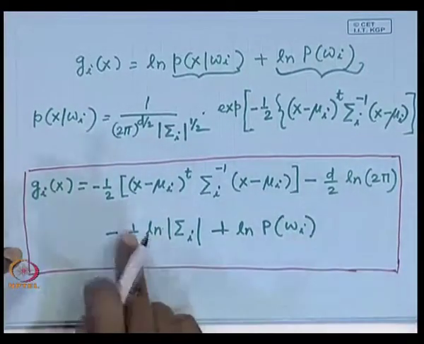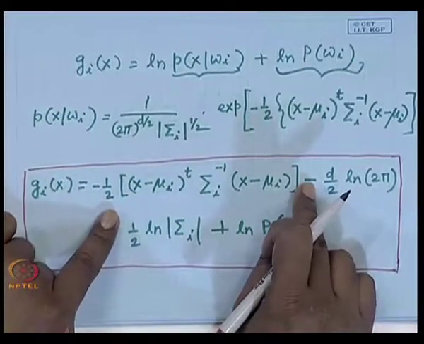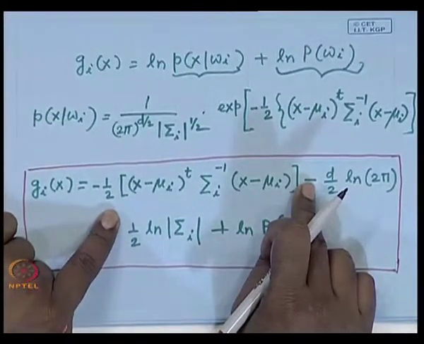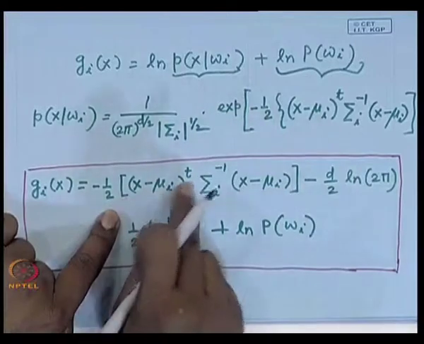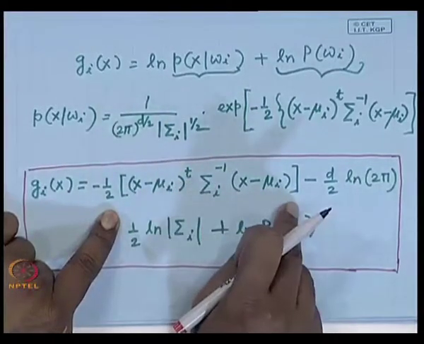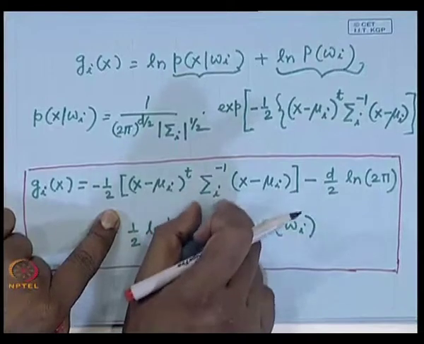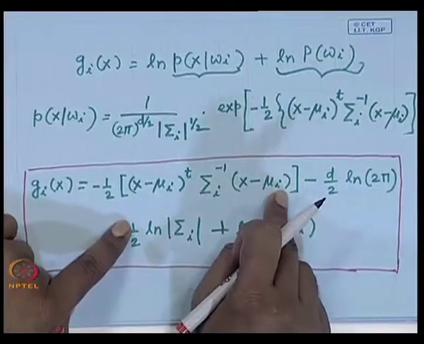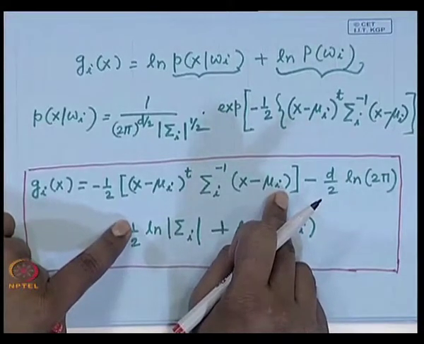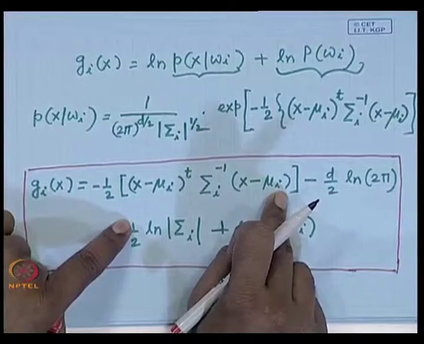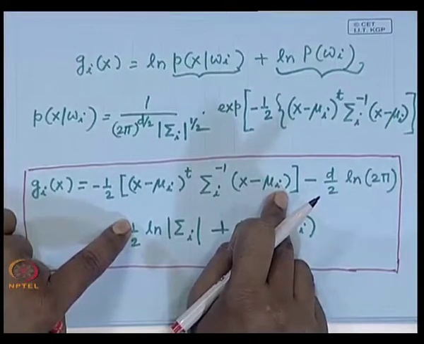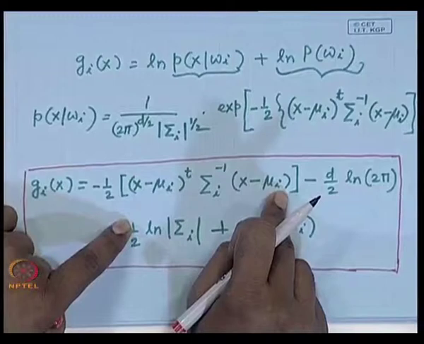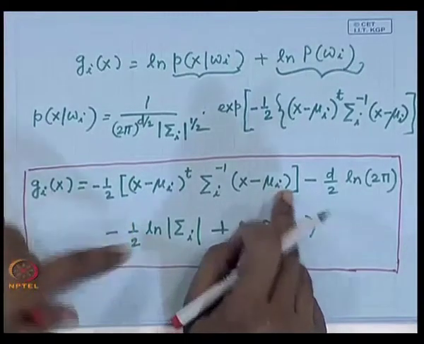Okay. So, from here you find that this is actually a quadratic expression, is it not? I have (x minus mu) transpose into (x minus mu) with sigma_i inverse sandwiched between these two terms. So, actually this is a quadratic equation. So, Bayes discriminator is actually a quadratic discriminator in general, or when I want to compute the decision surface between two classes omega_i and omega_j, the decision surface will actually be a quadratic surface.